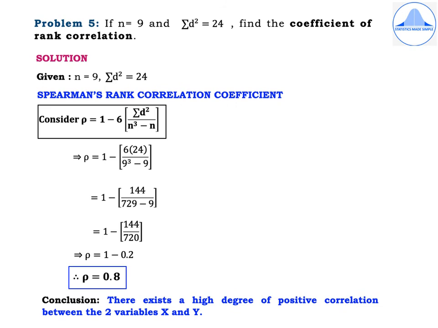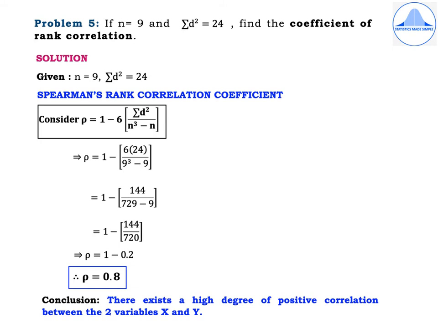Problem 5. If n is equal to 9 and summation d square is equal to 24, find the coefficient of rank correlation. Solution: given n equal to 9, summation d square equal to 24. Now write Spearman's rank correlation coefficient without ties. That is, consider rho equal to 1 minus 6 times summation d square divided by n cubed minus n.